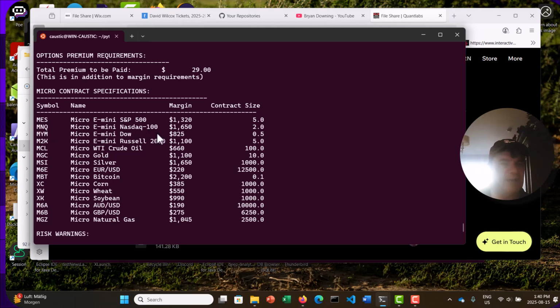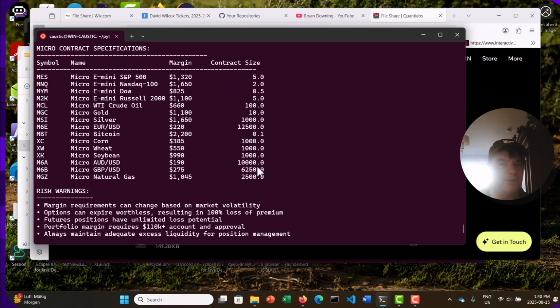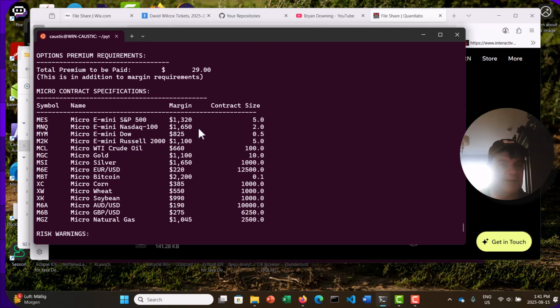With the E-mini NASDAQ, 1650, 2 contracts. E-mini Dow, 825, half a contract, and so on and so forth. You can clearly see the popular ones are going to be more expensive for the margin requirement. Gold, silver, Bitcoin is really excessive, I think, but it doesn't mean that they're naturally the best strategies or assets to hold. So these are the total contract sizes and the margin requirement.